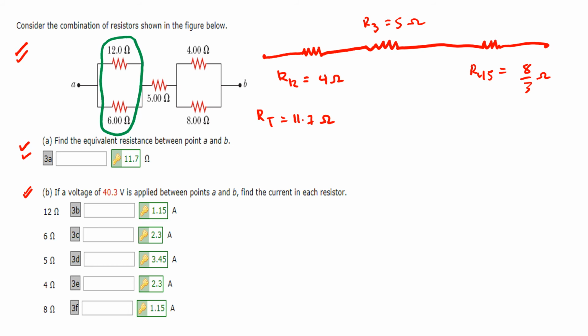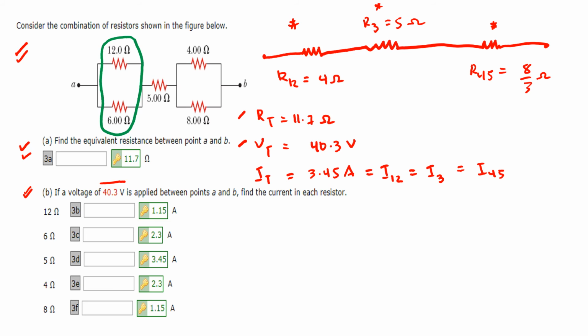Part B gives us the total voltage, which is 40.3 volts, and because we have total resistance and total voltage, we could solve for the total current, which is 3.45 amperes. Since R12, R3, and R45 are connected in series, the current through each of them is equal to 3.45 amperes.